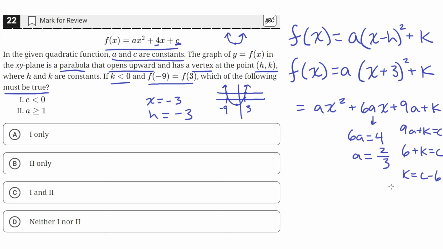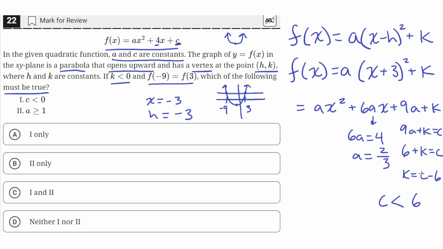So for k to be less than 0, we need to choose a c value accordingly so that k is less than 0. And really, c needs to be any value that is less than negative 6. Or not less than negative 6, just less than 6.